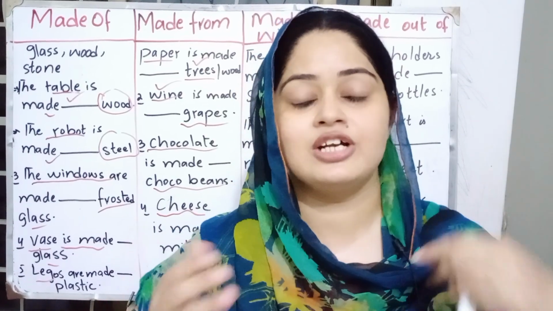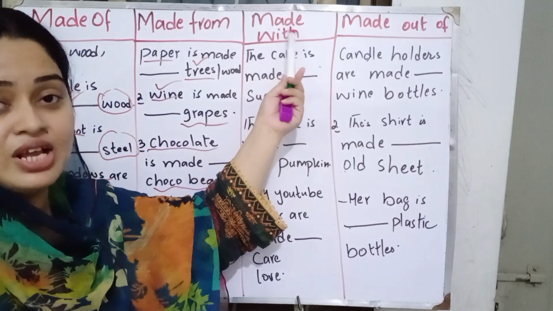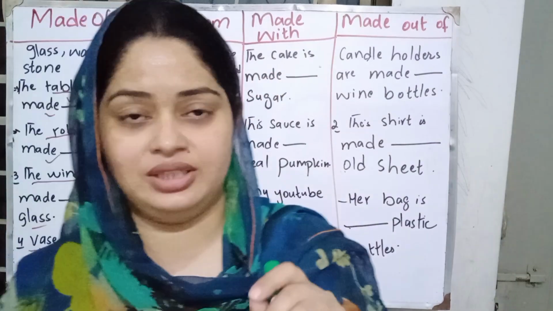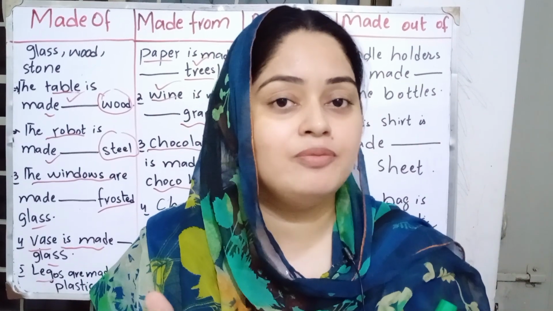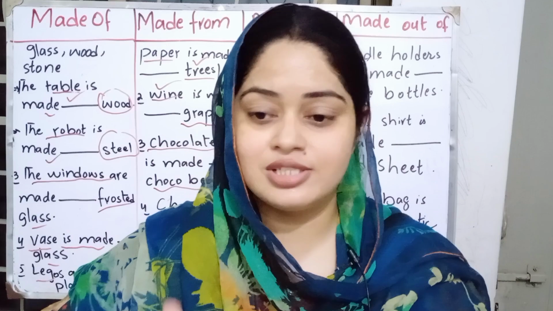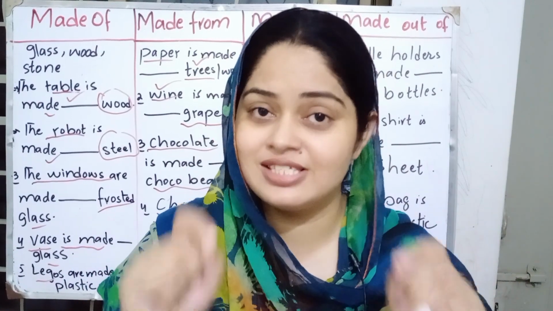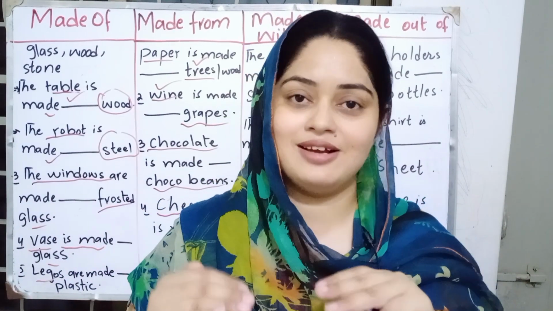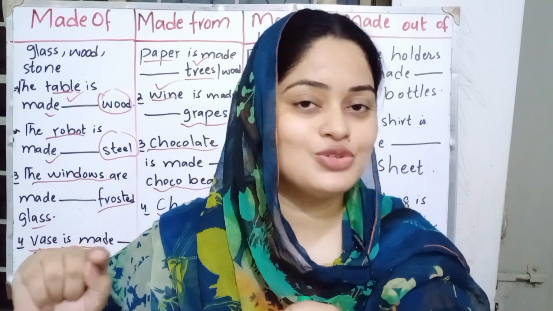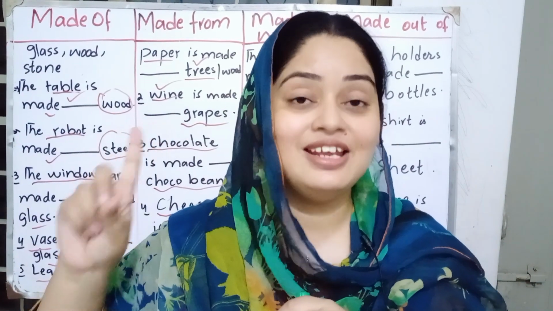Now another important use is the phrasal verb made with. Made with totally focuses on describing the ingredients used in baking and cooking.